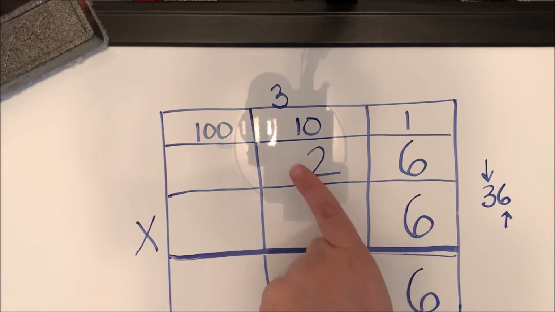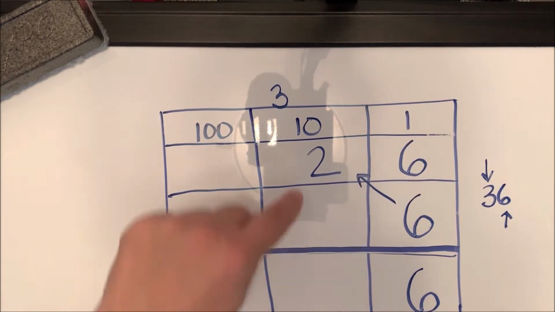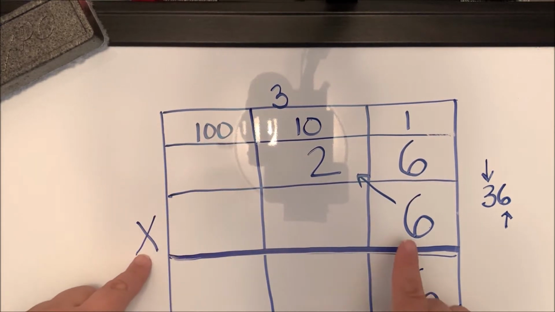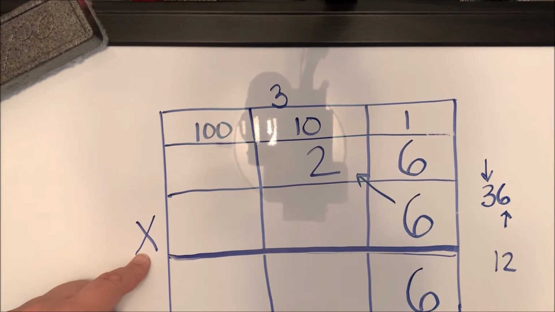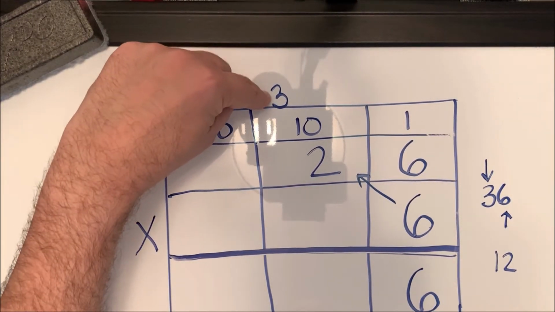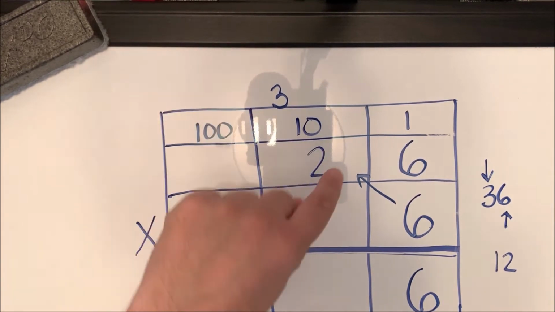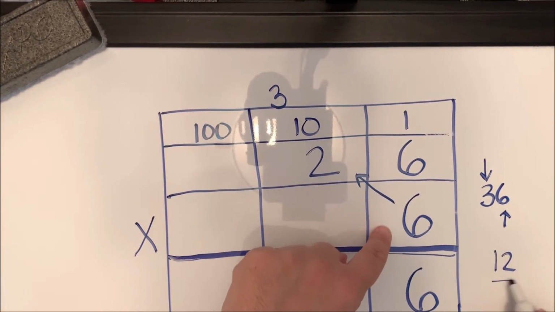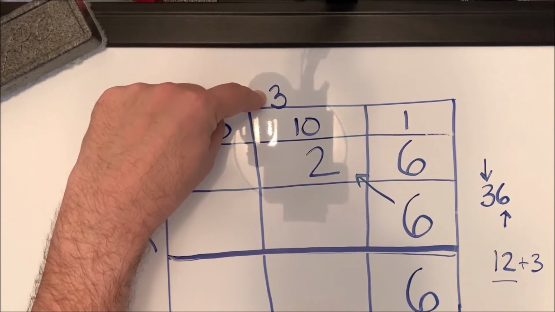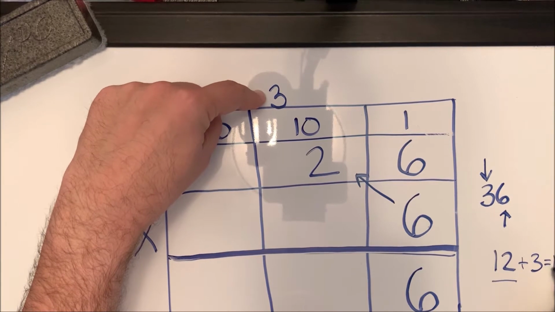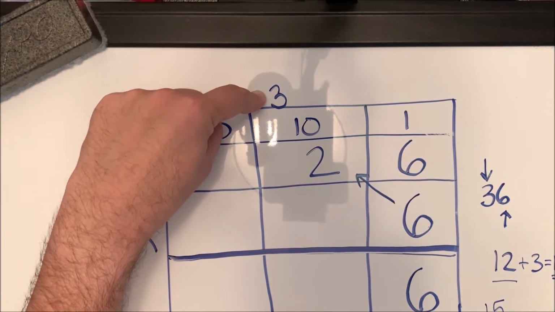Now I'm going to multiply this way. So 2 groups of 6 is 12. But I can't forget my lonesome 3. Remember, we don't want to forget our little 3's up here. So 2 groups of 6 is 12, plus the 3 on top, which is 15, or 15 tens.